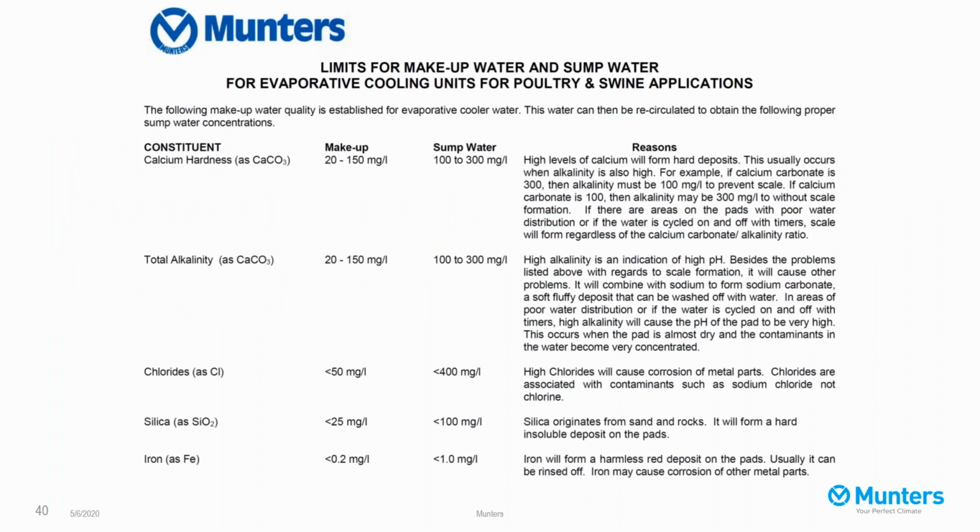And here's a list of different contaminants that might be in the water that we use on our cooling systems, along with safe amounts, and then the reasons they might be harmful.